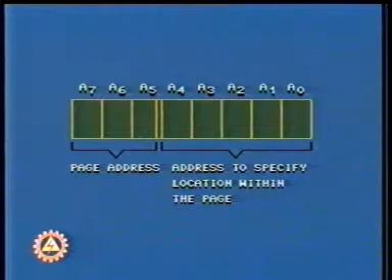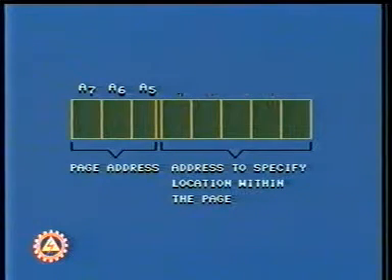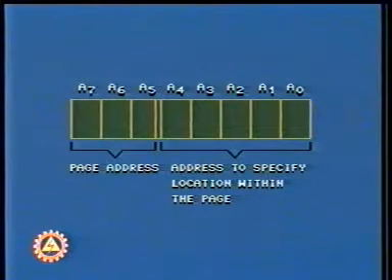If the page address of a 32 x 4 bit memory is 7 and the width of the system address bus is 8, then the least significant 5 bits, that is A0 to A4, will be used to specify any location within the 32 x 4 bit memory. And the remaining 3 bits, A5 to A7, are used to specify the page address.